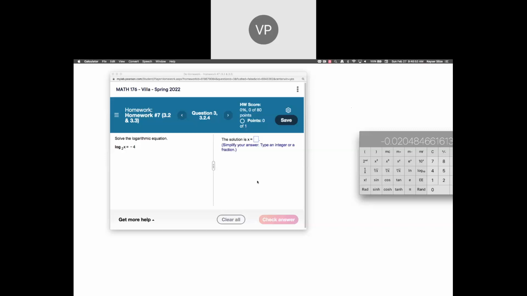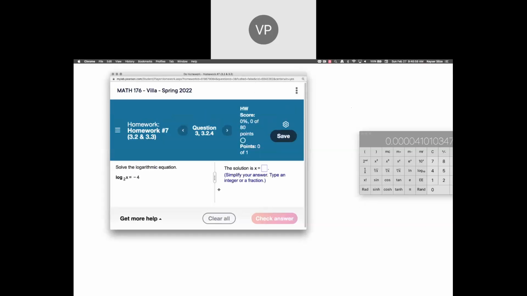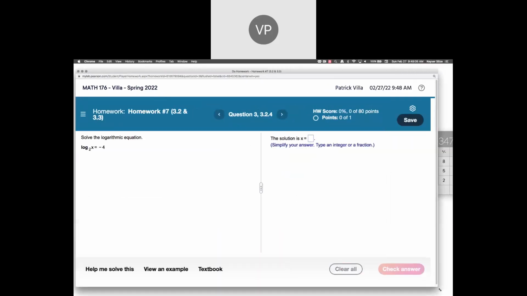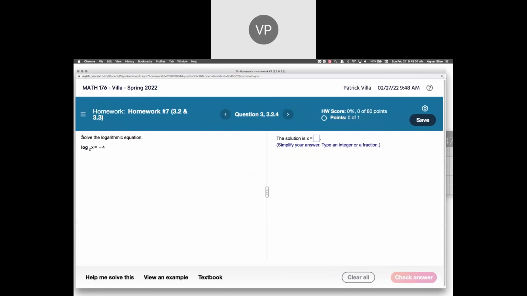So as you heard me earlier, when I'm talking about a log, it is always equal to a power. Okay? Every time it's a power. So when I see a log equal to something, I know it's a power. This log equals this power. So when I look at this, I see my power is -4.